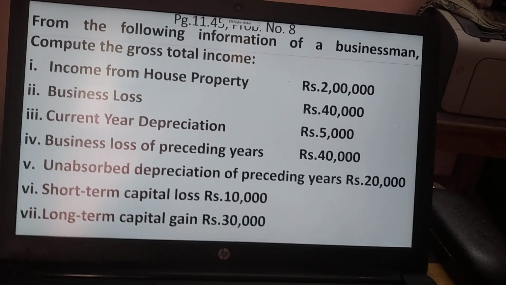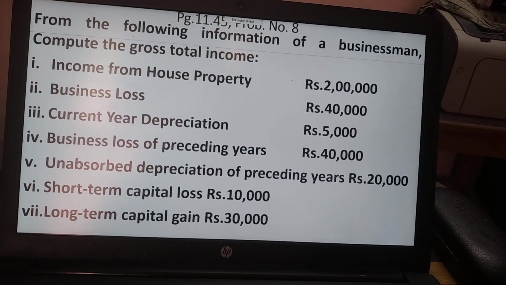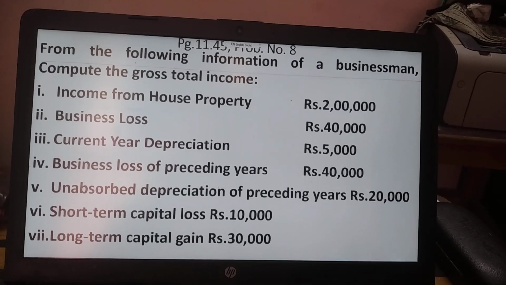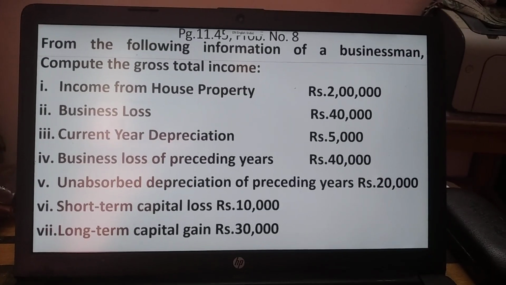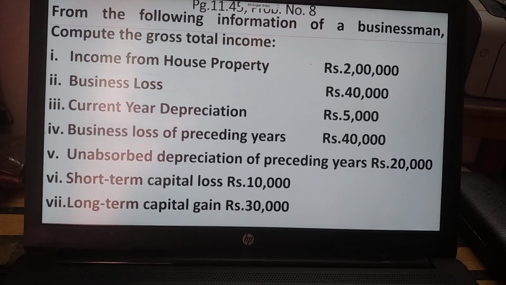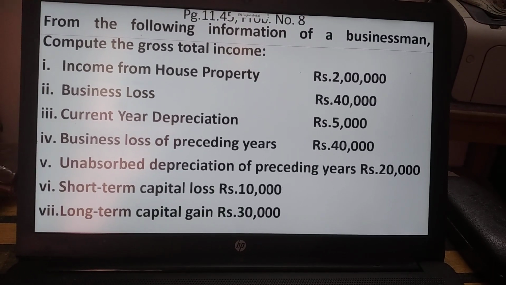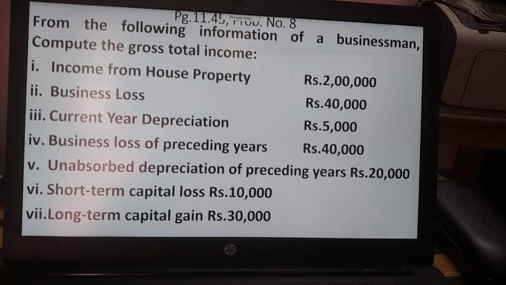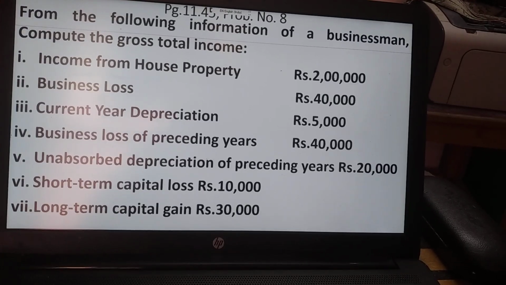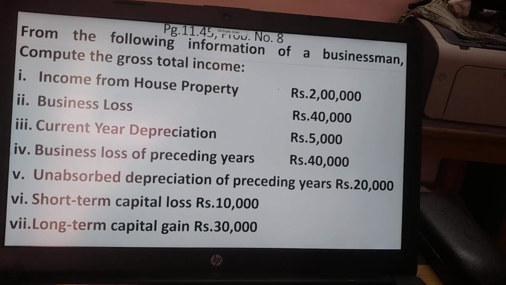So, as far as house property is concerned, if they have given income from house property within brackets as non-computed or uncomputed, then only you have to deduct the standard deduction under section 24, 30% of the net annual value, from the gross income, and then you arrive at the net income from house property.